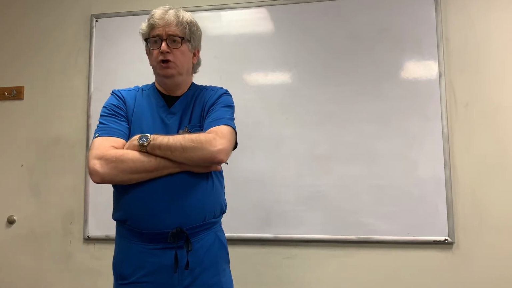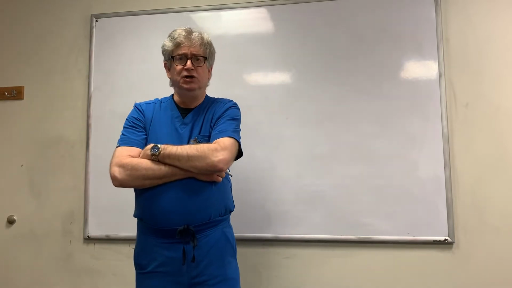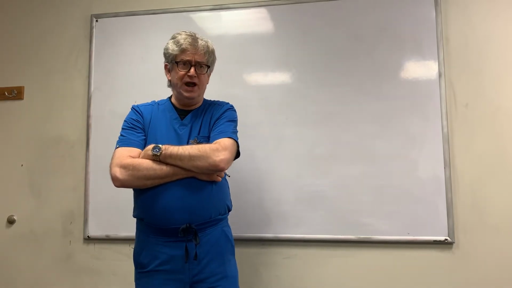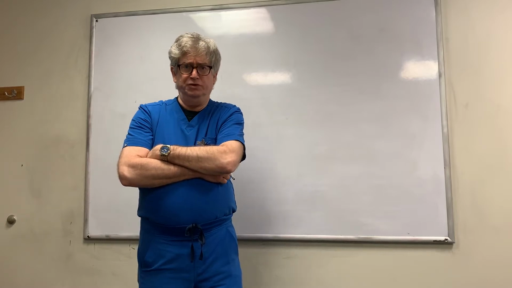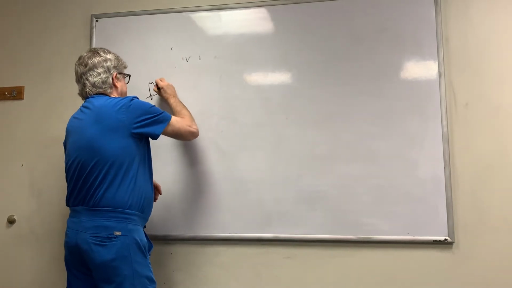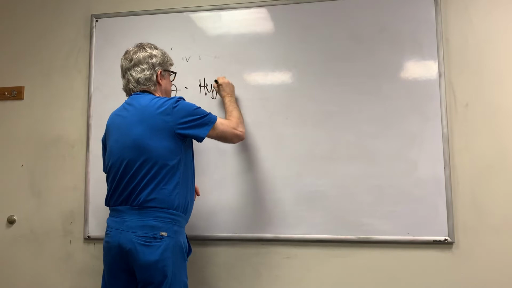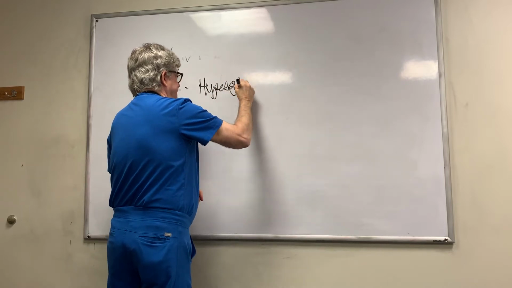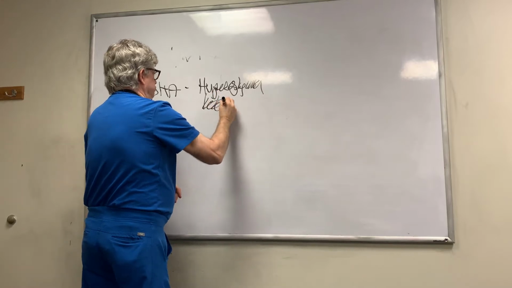Often these are younger people, and for whatever reason, they're not as compliant as they could be. Other things, you have to make sure nothing's precipitating this, like an infection or an MI or any other stressful situation on the body. But with DKA, you can get two types of symptoms. You're going to get symptoms due to hyperglycemia and symptoms due to ketoacidosis.